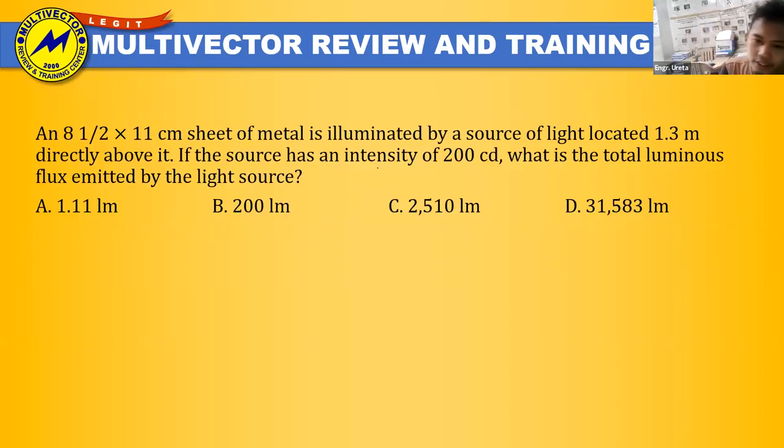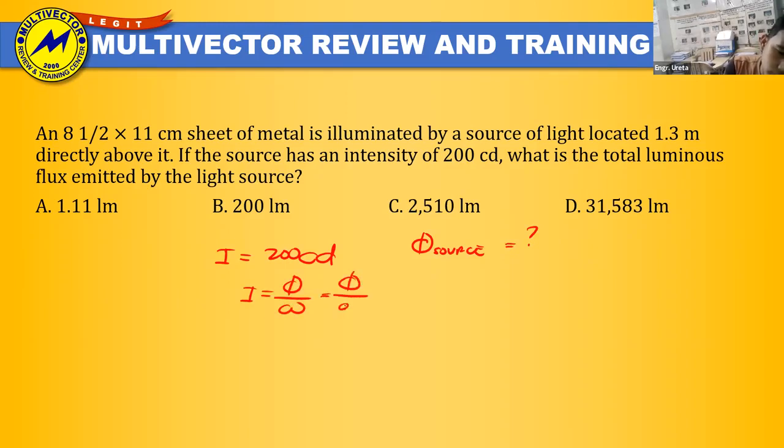If the intensity of the lamp is equal to 200 candela, what is being asked is the total luminous flux. Intensity is just flux per unit solid angle.